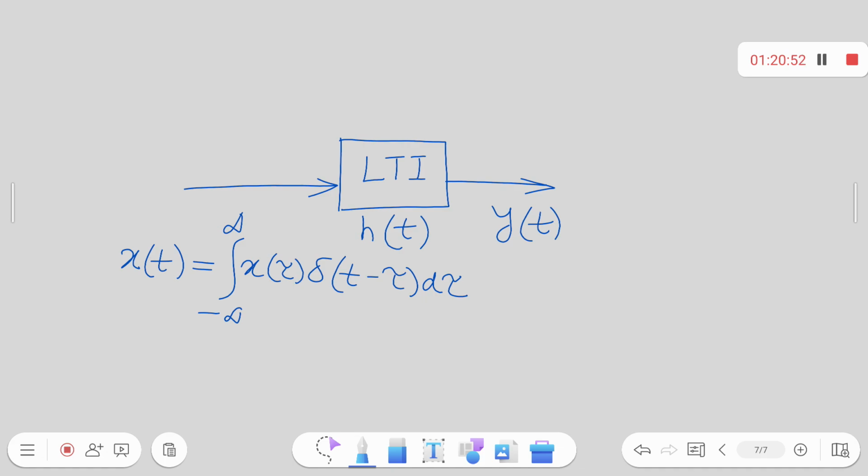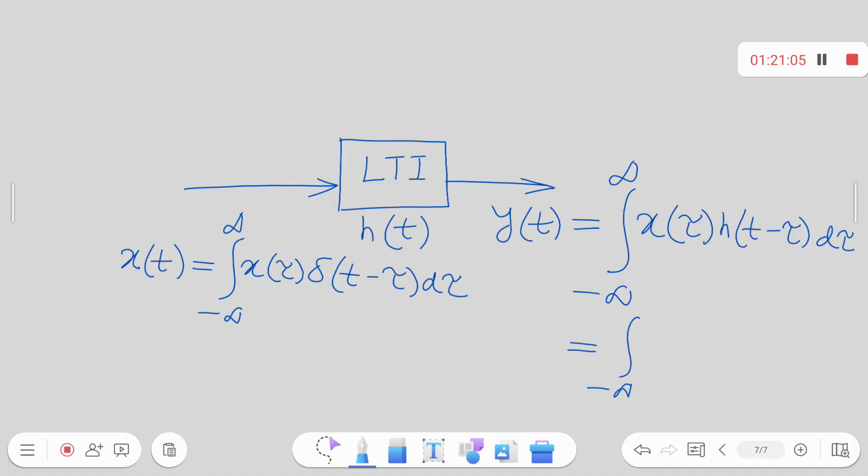So this y of t is given by integration over all tau of x of tau h of t minus tau d tau. Or, just like the discrete convolution, since this operation is also commutative in nature, you can also write this as h of tau x of t minus tau d tau. Is it all right?